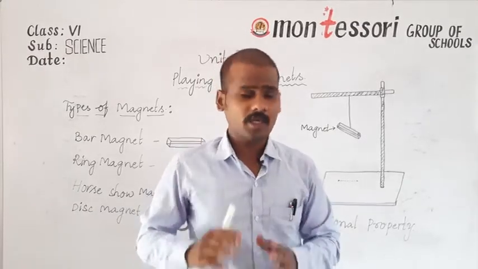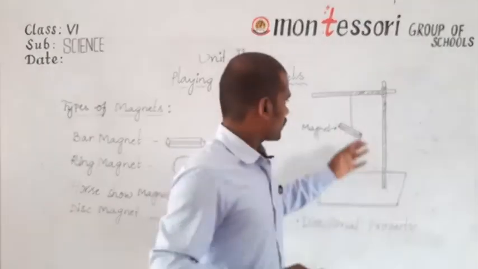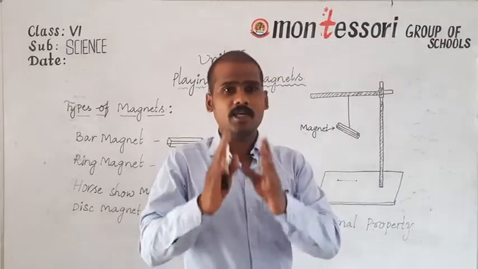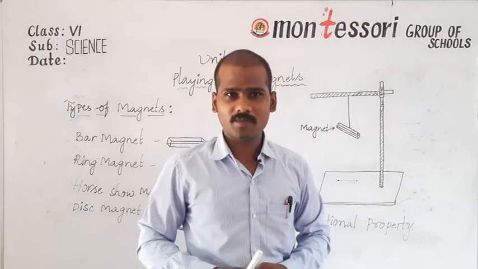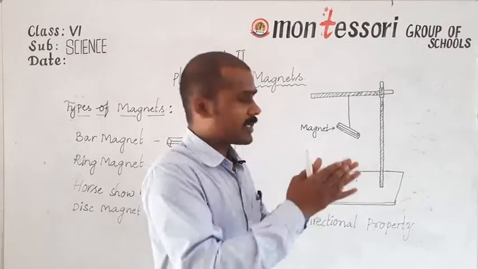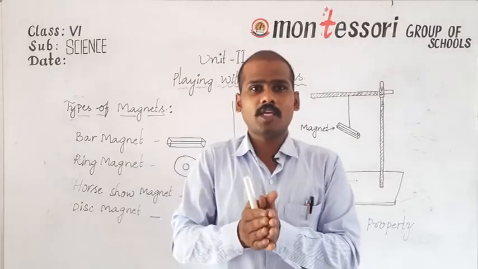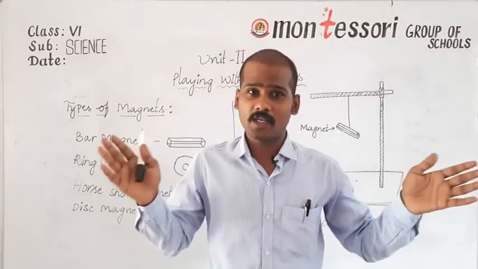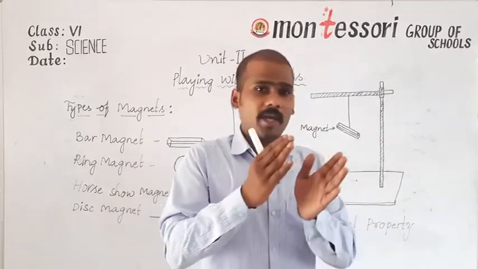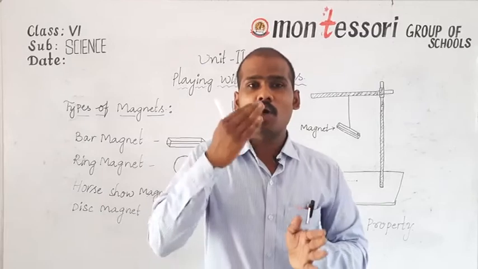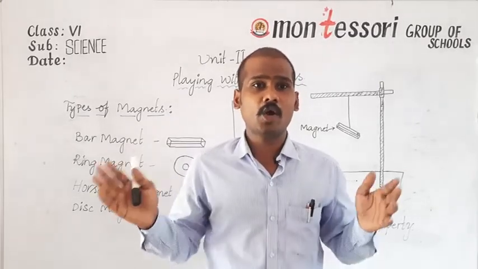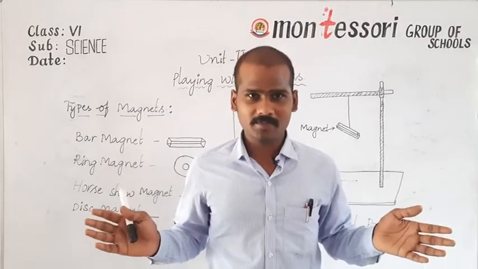And another is that either of the two ends will always come in only one direction, which seems to be the north and south direction. A freely suspended magnet will always come to rest in one direction, and that direction is north and south.